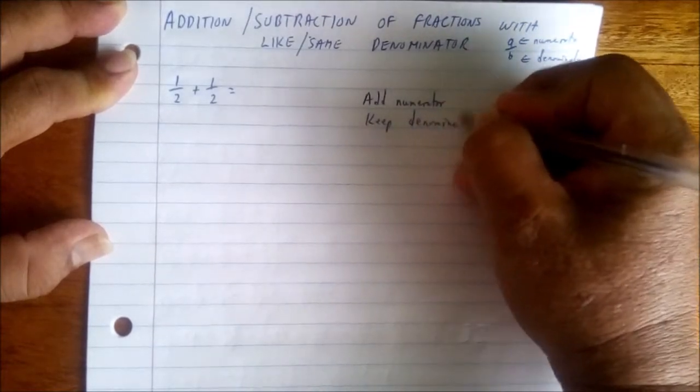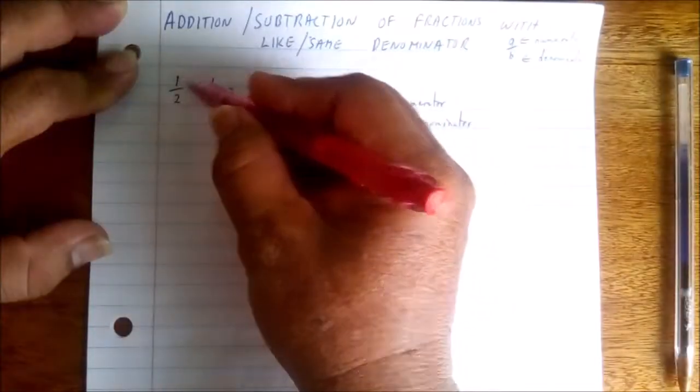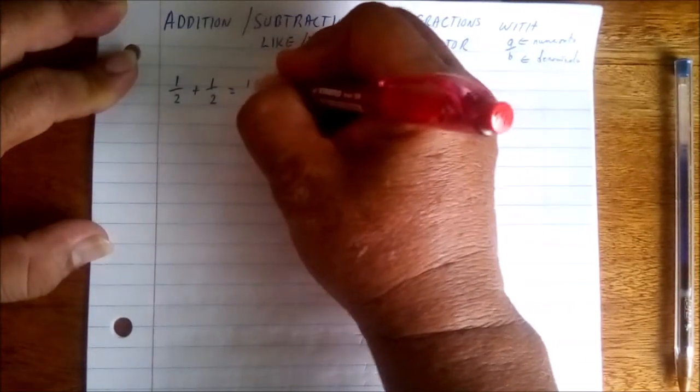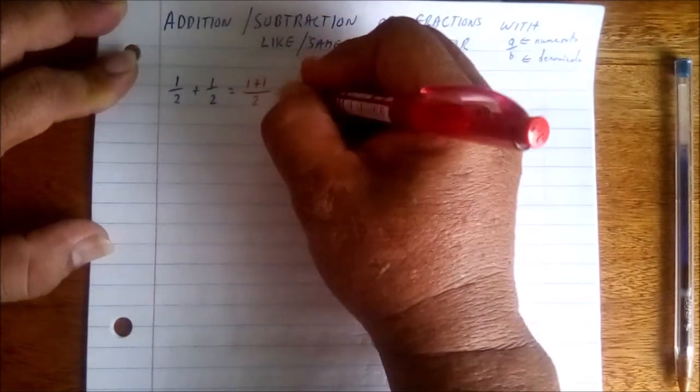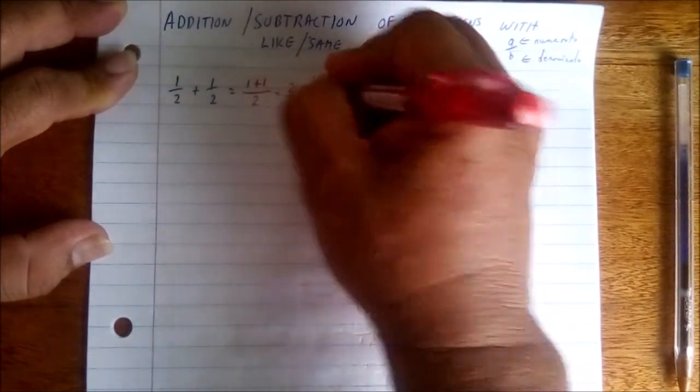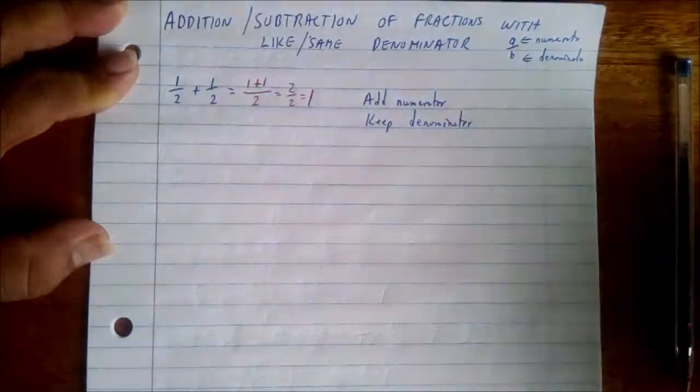So you will not add the denominators, only the numerators. So that's 1 plus 1 over, and keep the denominator, which is 2, which is then 2 over 2, which is then 1. That's our solution for that one there.